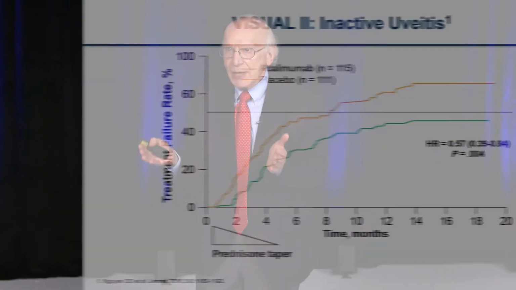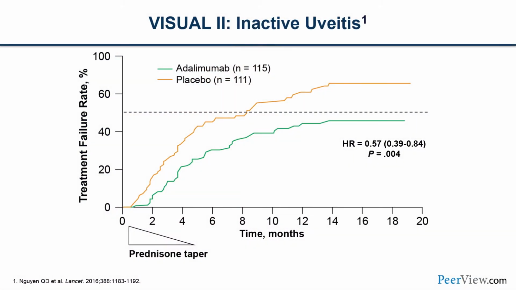Now, in the Visual 1 study that was in the New England Journal, you had to have active uveitis at the start, got on corticosteroids, quieted down, and then you failed. In the Visual 2 study that was published the same month, but in the Lancet, you started off with inactive disease. You still went on a steroid taper. And again, the endpoint was the time to treatment failure.